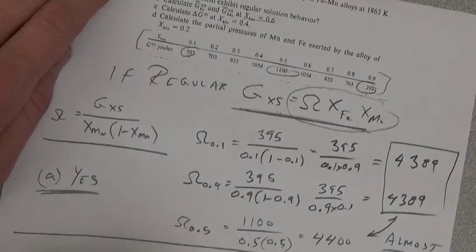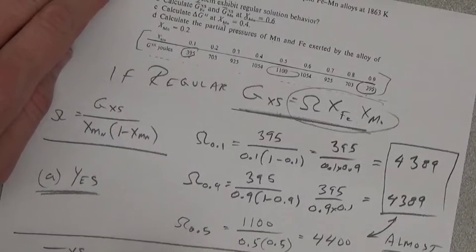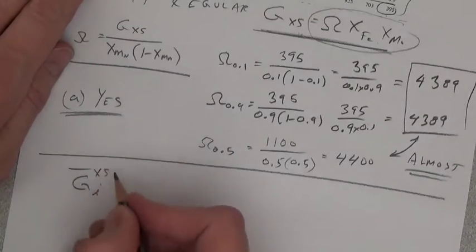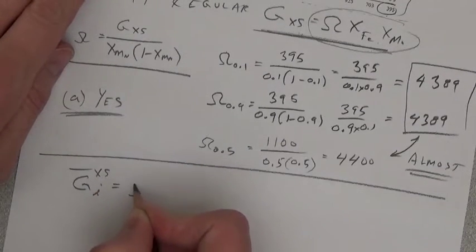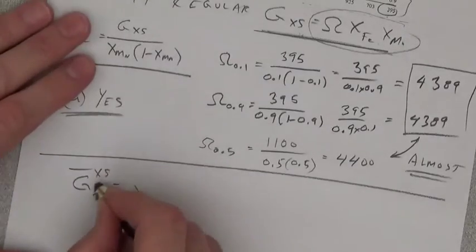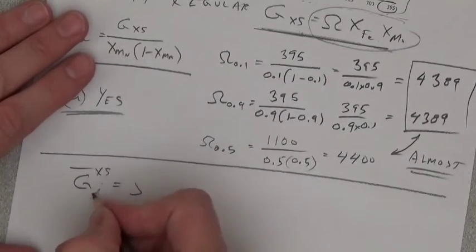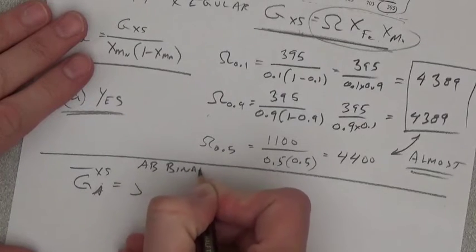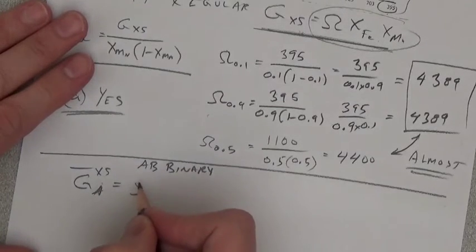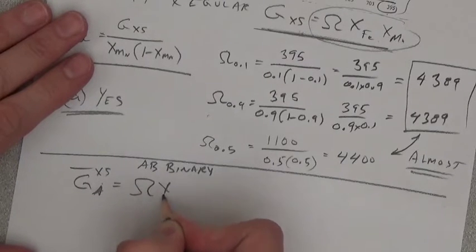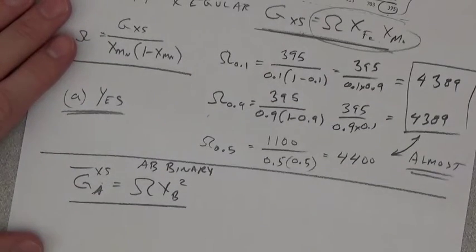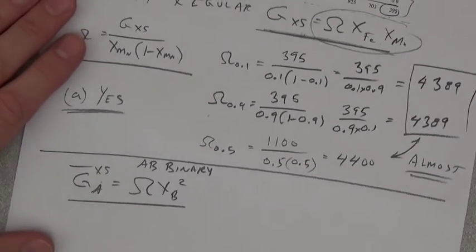G bar XS of the ith species, let's say we have an A-B binary, is going to be equal to omega times x b squared. And this is just from your text.